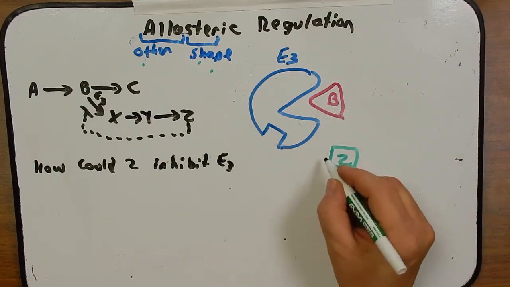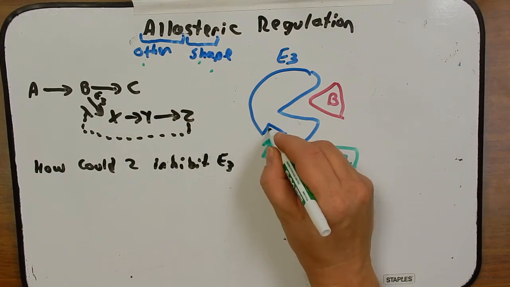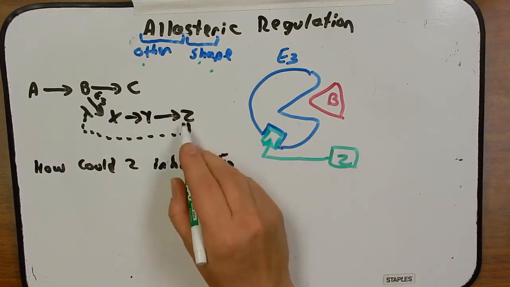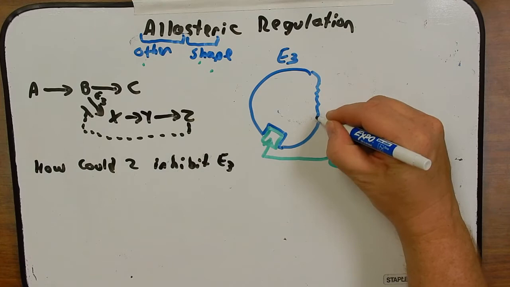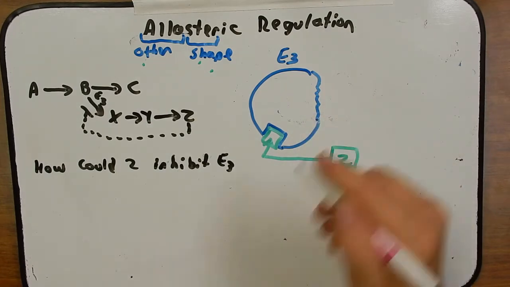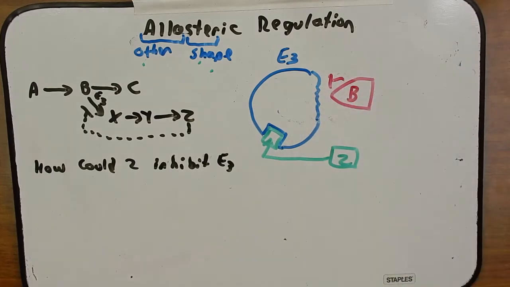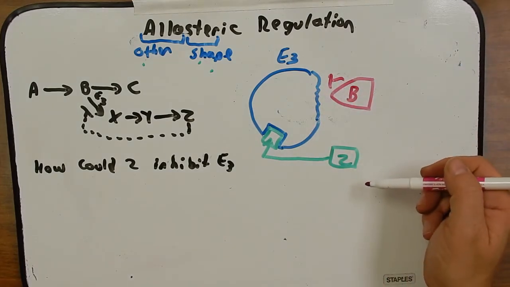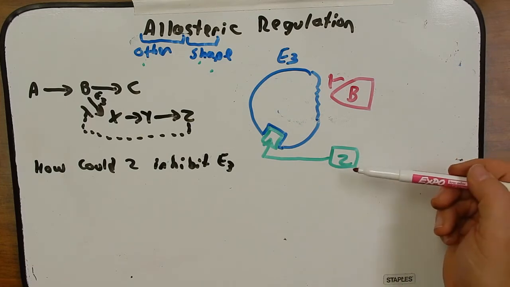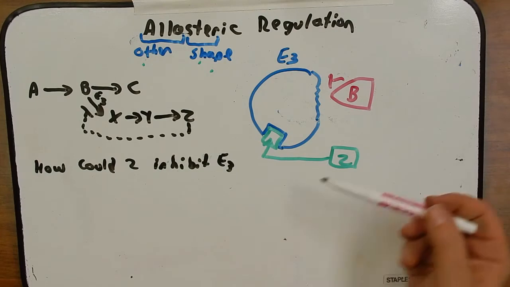They reasoned that there must be another binding site on this protein, where in our example here, Z could bind to this enzyme. Binding to this enzyme changed the way it folded in such a way that the original substrate, in this case B, could not bind here. So this is the classic example of a non-competitive inhibitor that we talked about last week. But now I'm bringing it to you in the context of protein regulation.